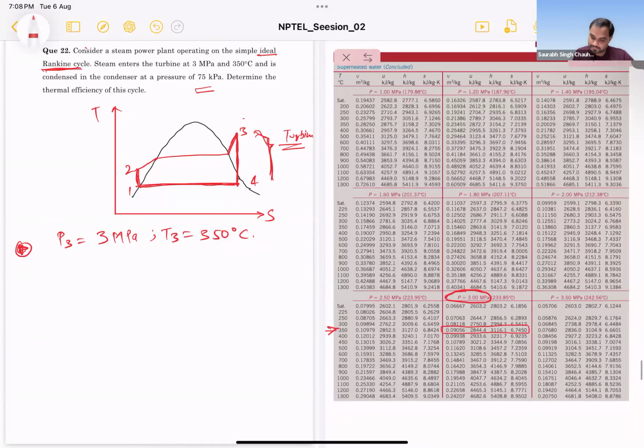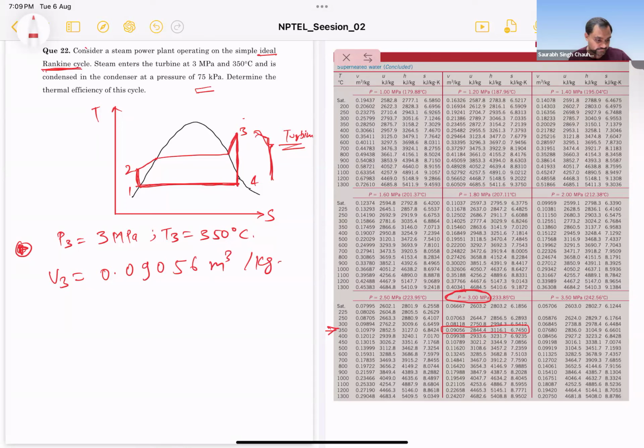What is given? Specific volume is given as 0.09056 meter cube per kg.